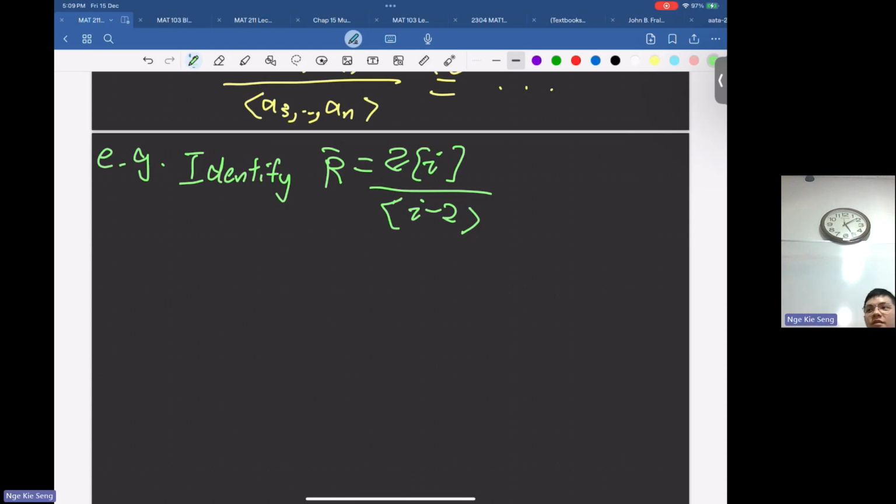Do you know what this ring is? Z[i] is the Gaussian integers, and then I quotient out by this i minus 2. So any multiple of i minus 2 is in the equivalence class of the identity. How about the other elements?